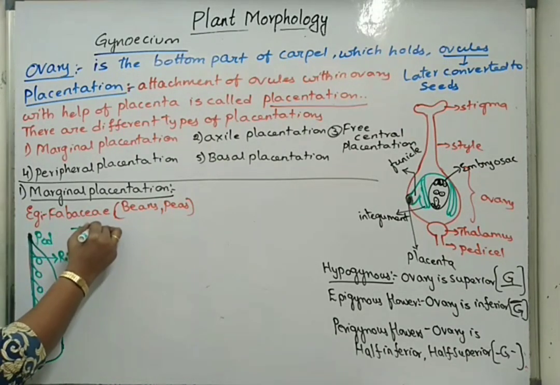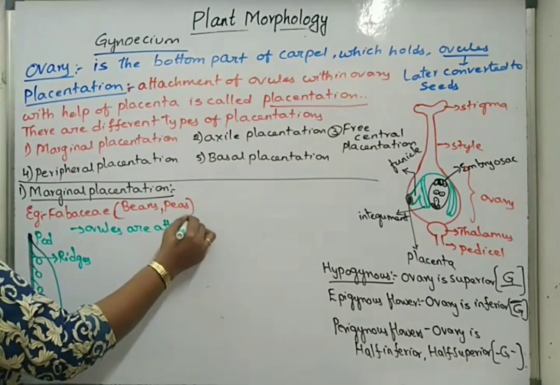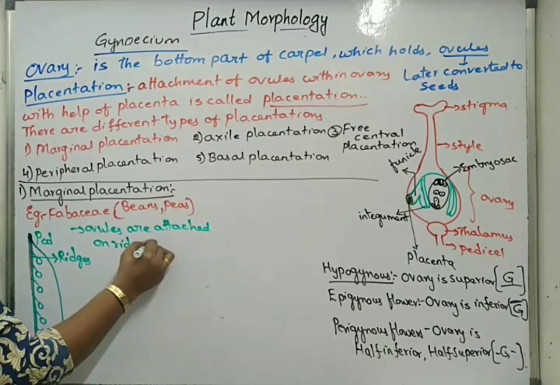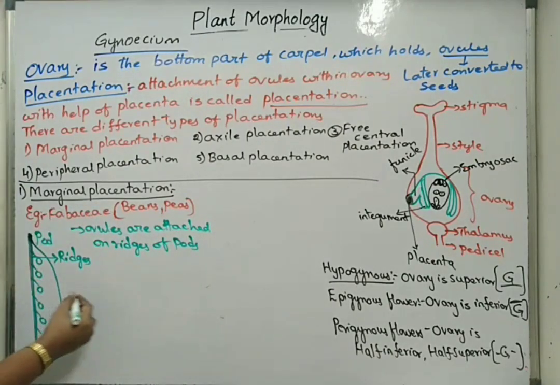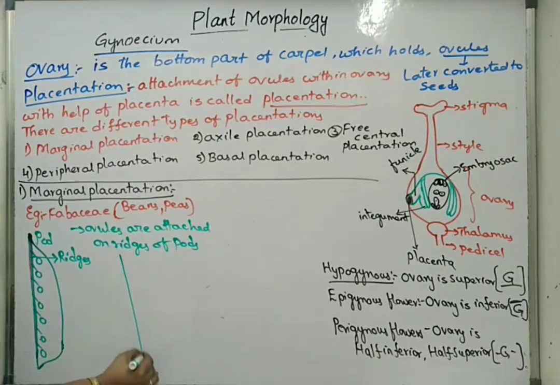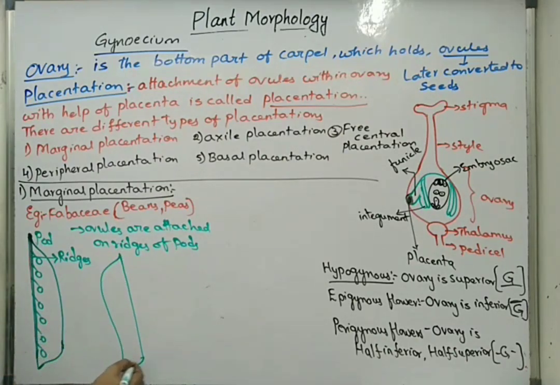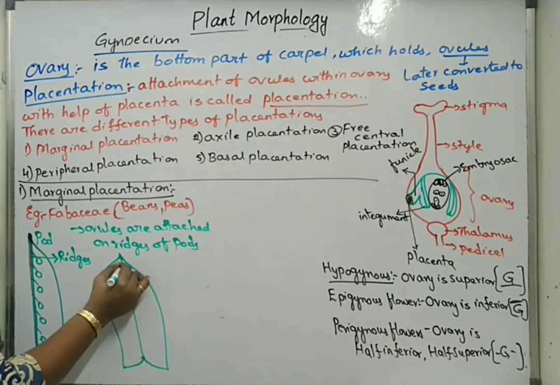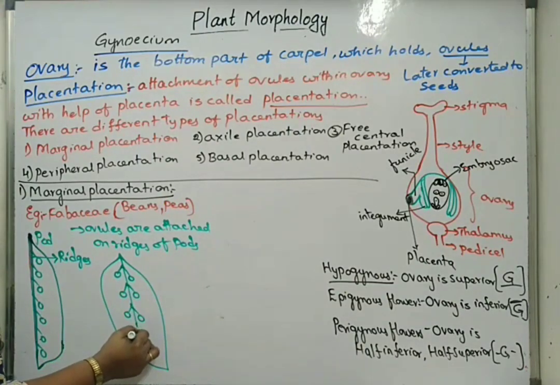We say ovules are attached on ridges of pods. When this structure is open, we can see attachment like this of the ovules.